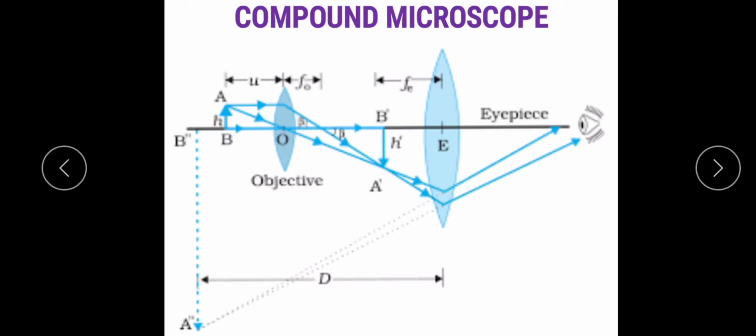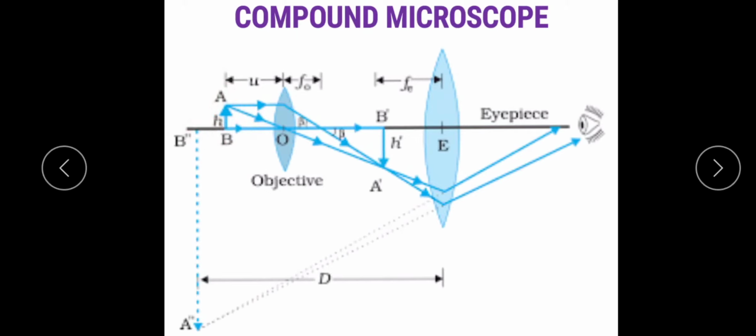The distance of the objective lens from the object is called the object distance. See, AB is the object, a tiny object because its size is very small.